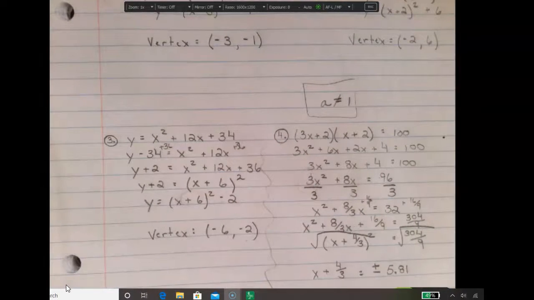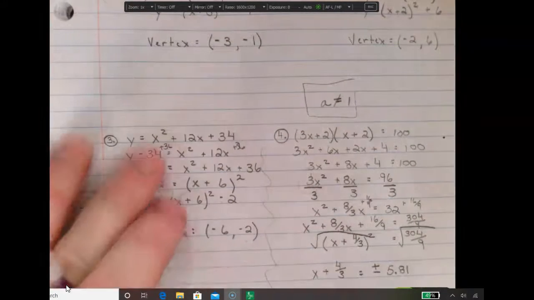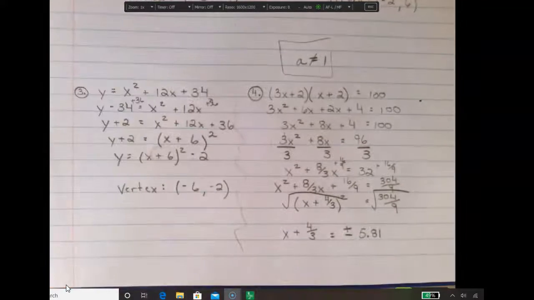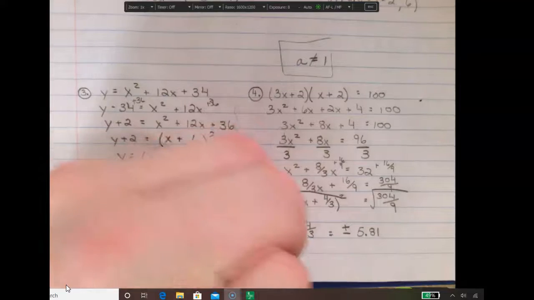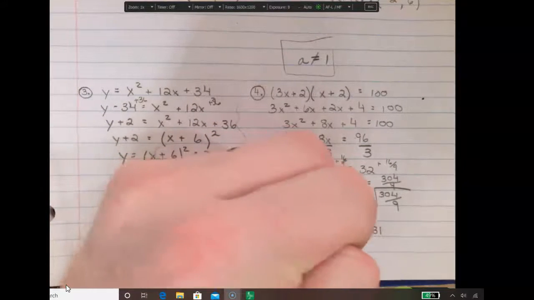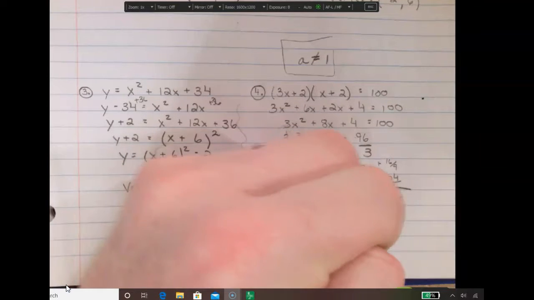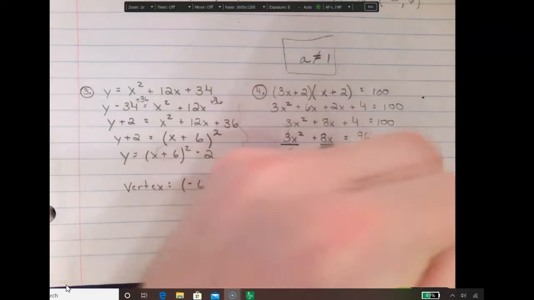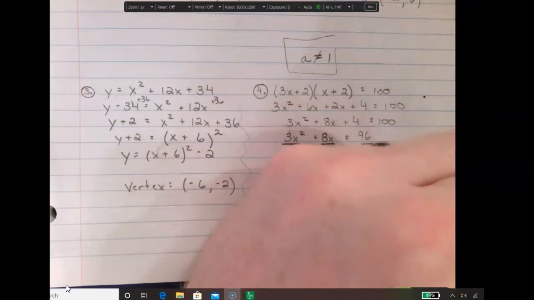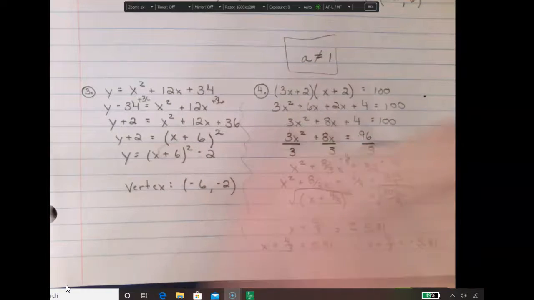Your next step, just like we did in lesson 9-4, break it apart. So x plus 4 thirds equals positive 5.81, and then we also have x plus 4 thirds is equal to negative 5.81.